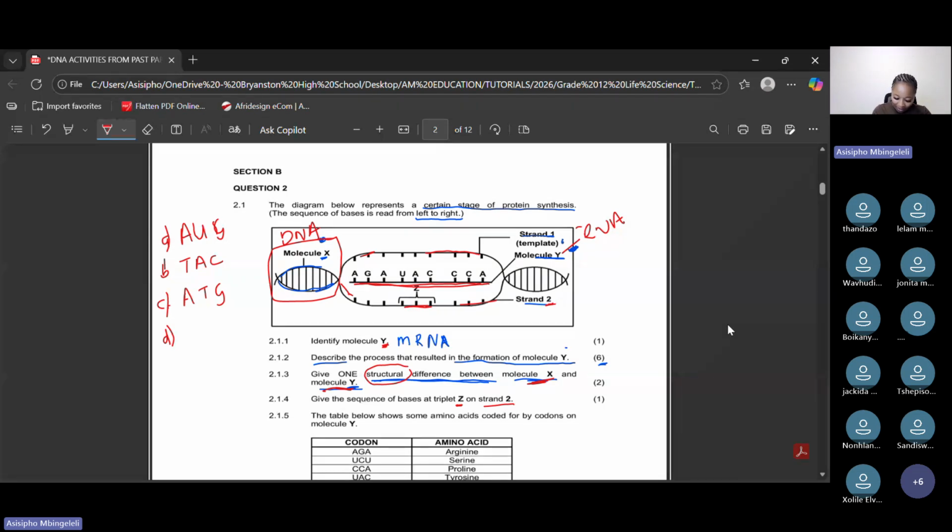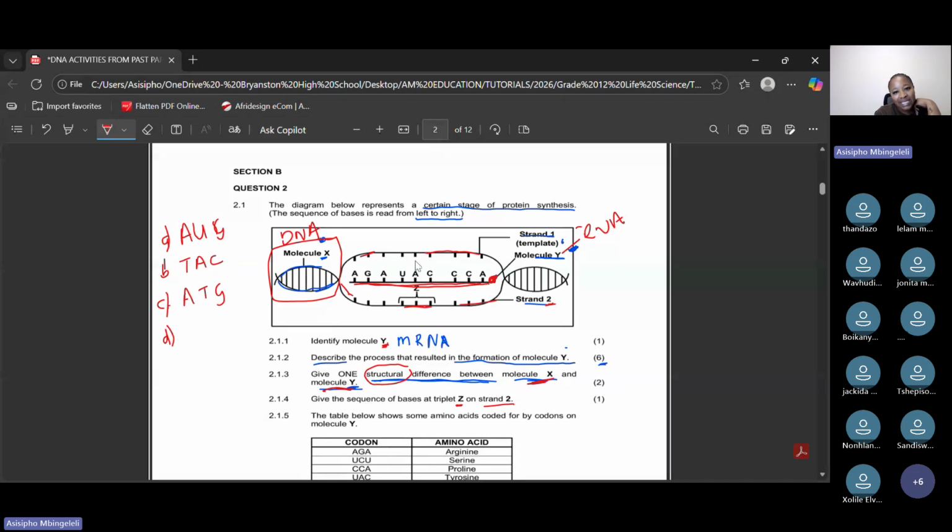What do we have here? So we are having transcription taking place. So you have strand 1, which is the template strand that was used in order to form these bases for messenger RNA. Strand 2 is our non-template strand. So the bases there were not used. Right. So in order for us to find the triplet for Z, we actually need to first find the bases for strand 1. Why is that?